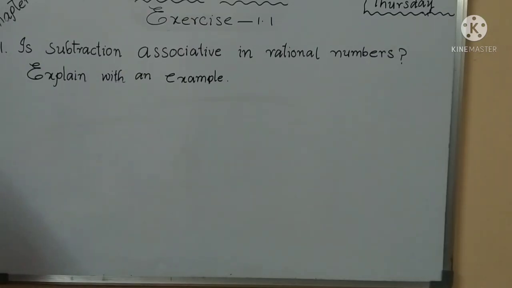We already explained all the properties of rational numbers: closure property, commutative property, associative property, distributive law, additive identity and multiplicative identity, and existence of inverse, meaning additive inverse and multiplicative inverse.